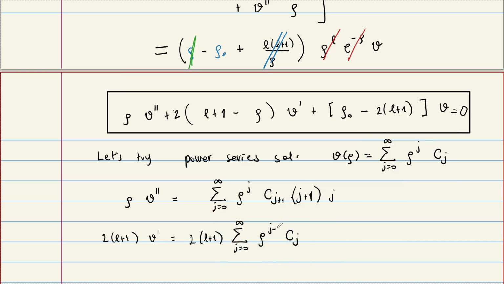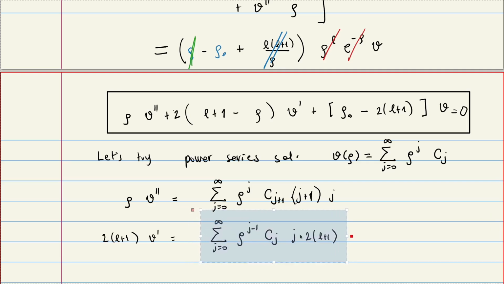So the first derivative is j times rho to the j minus 1. And I'm going to push this 2L plus 1 inside. Since the goal is to make them the same power, I need to shift the index here. And the way I do it is j goes to j plus 1. Here I have only one j plus 1. And that's it.